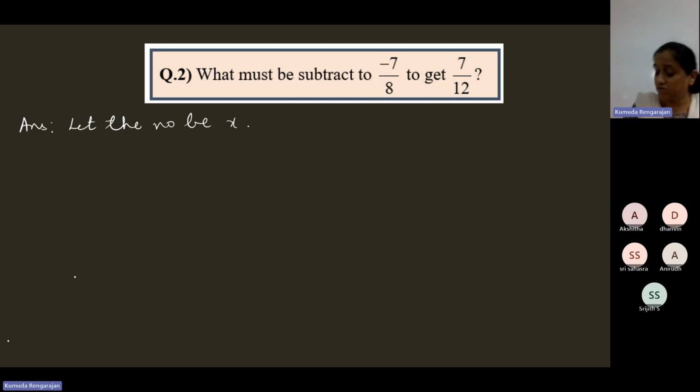What must be subtracted from minus 7 by 8 to get 7 by 12? So what's the equation?